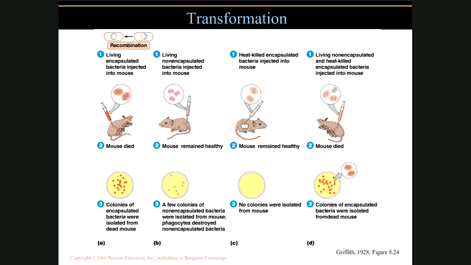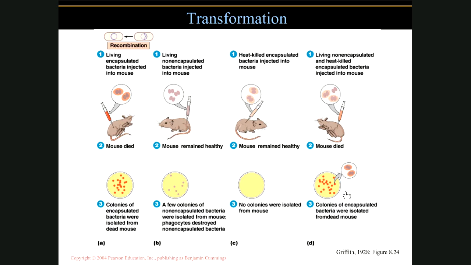So for the last experiment, what Griffith did is he took the live Strep without capsules and the dead Strep with capsules. He mixed them together and injected that mixture into the mice, and the mice died. And what he found were live encapsulated Strep reproducing in the mice.